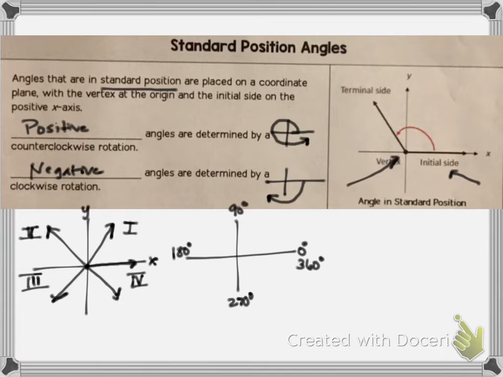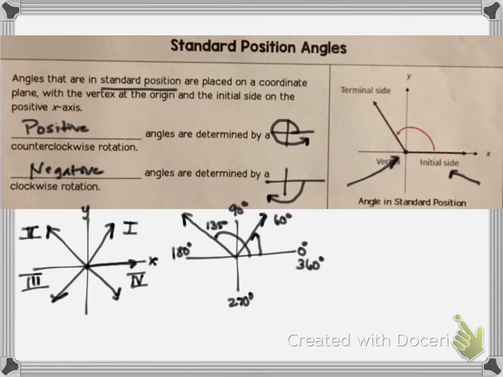So if I ask you to draw a 60-degree angle, then of course your terminal side would be in quadrant 1. If I ask you to draw a 120-degree or let's say 135-degree angle, you always start at the initial side, and that will put you in the second quadrant. So this would be 135 degrees.